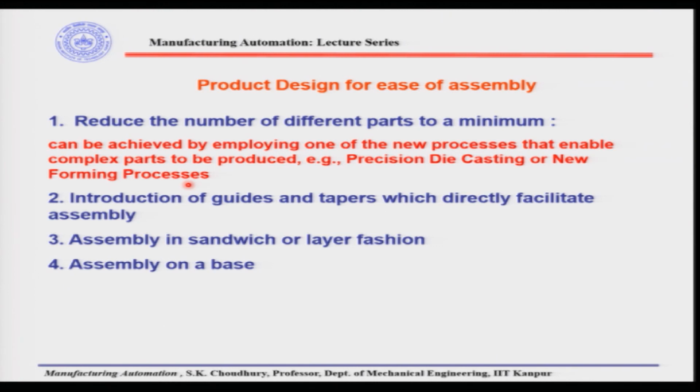If a complex part can be produced, that will reduce the number of assembly processes drastically. That means that 2 or 3 parts are actually designed and made together by a casting process or by a metal forming process, and that way we are reducing the number of different parts.